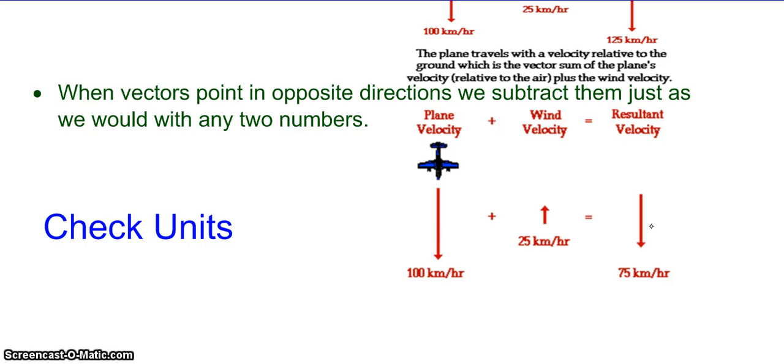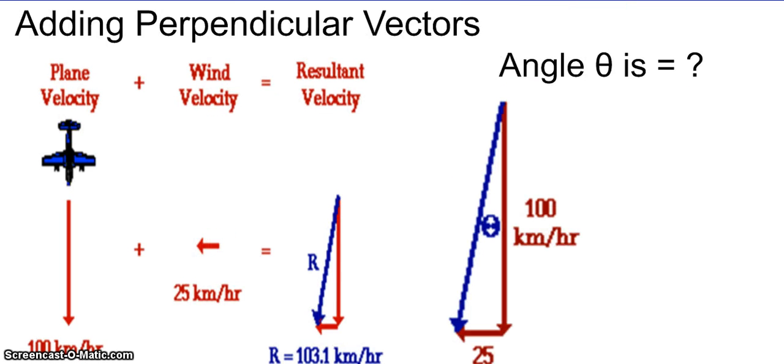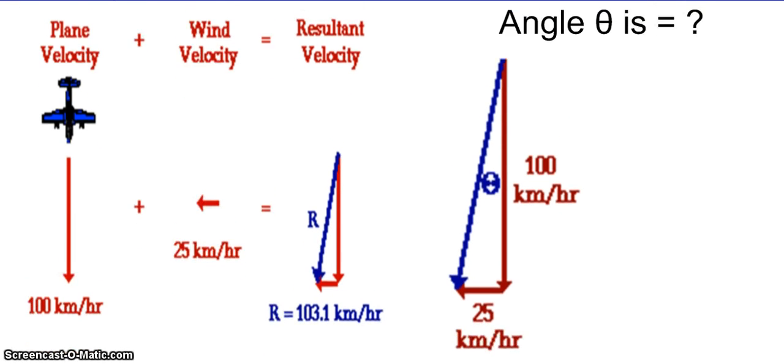Well, what if the vectors are not going in the same or directly opposite directions? Then what do we do? Well, then we have components of what we call a resultant vector.